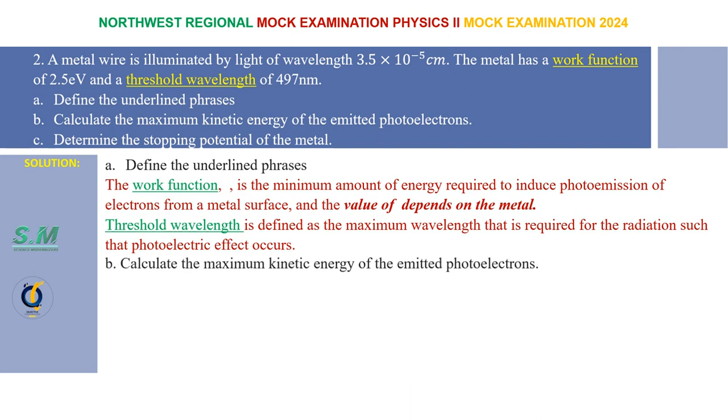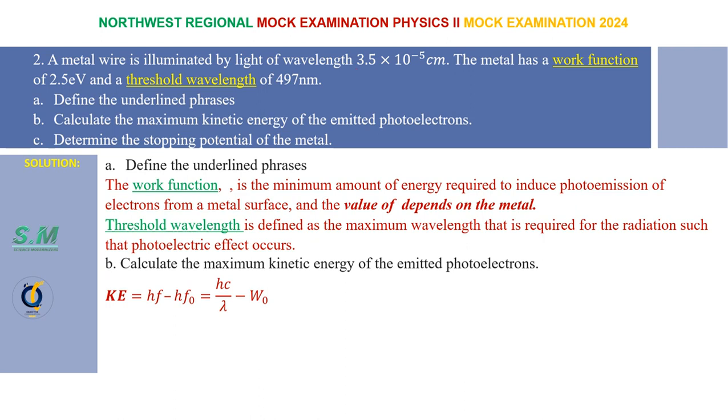So to calculate the maximum kinetic energy of the photoelectrons, the kinetic energy will be equal to hf minus hf naught, where hf is the energy of the incident radiation and hf naught will be the work function, that's W naught. But since we were given the wavelength was 497 nanometers, this is a threshold wavelength.